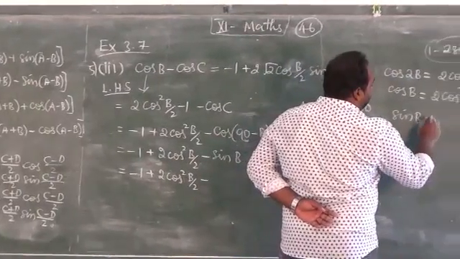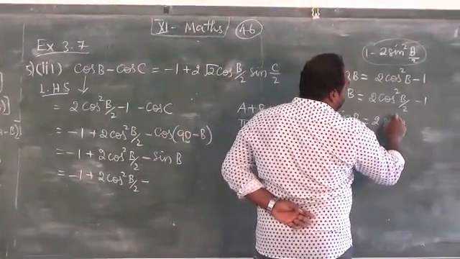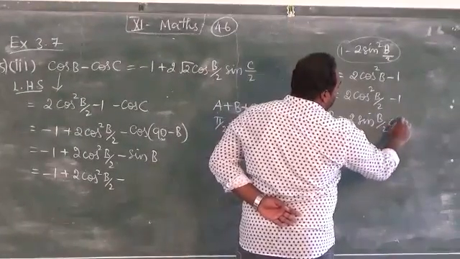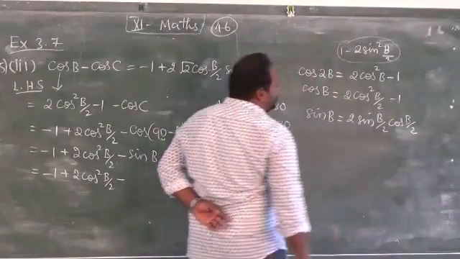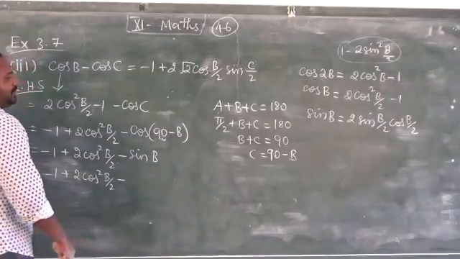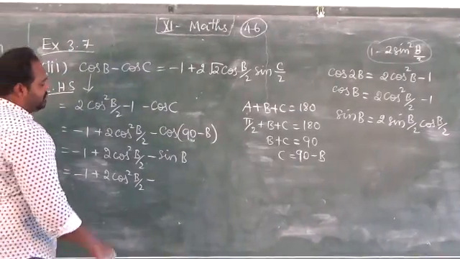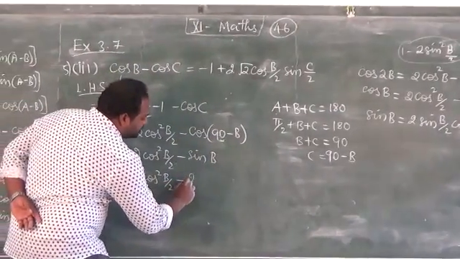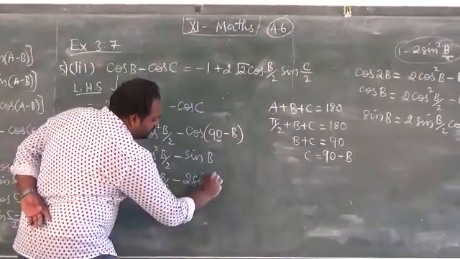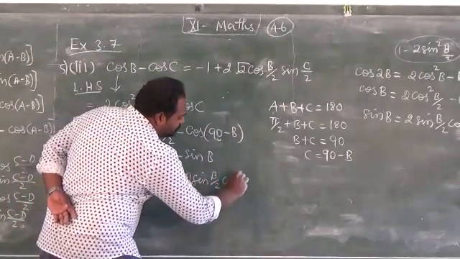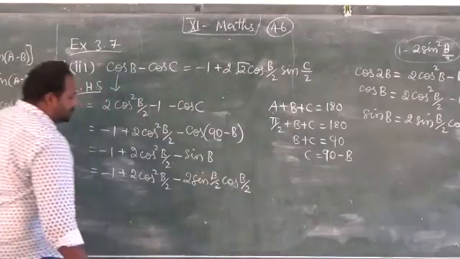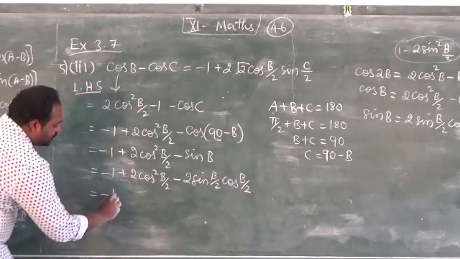Sin B can be written with the half angle formula as 2 sin B by 2 cos B by 2. So here minus 1 as it is.